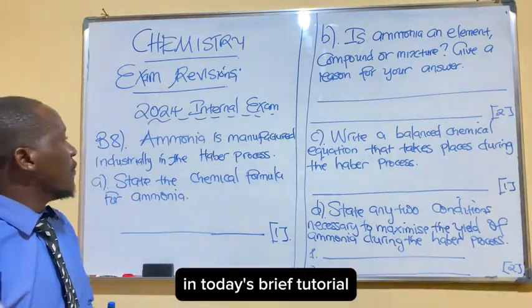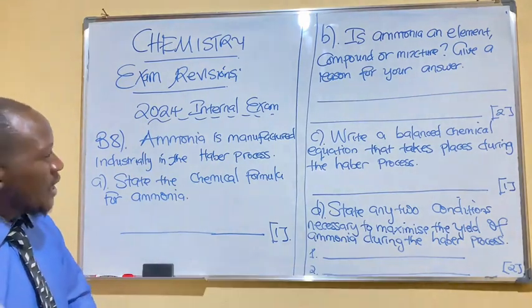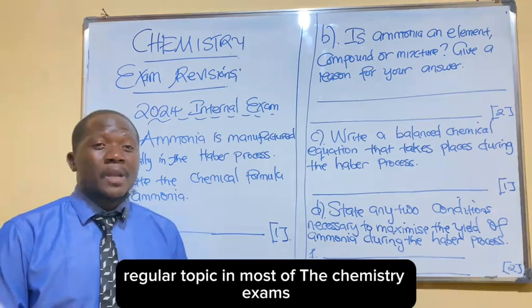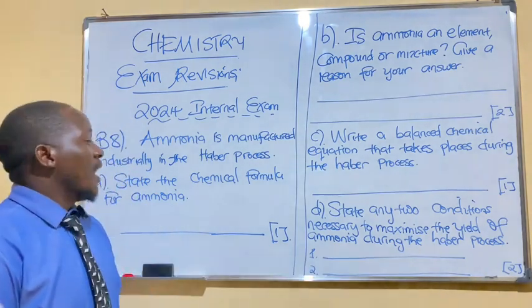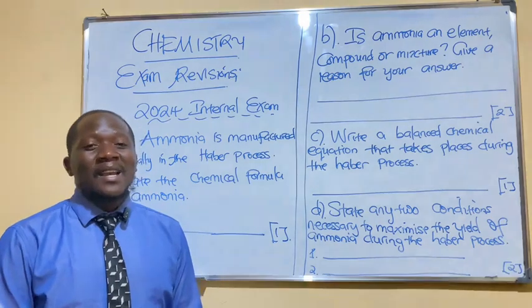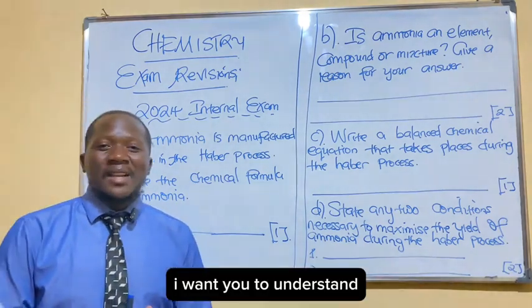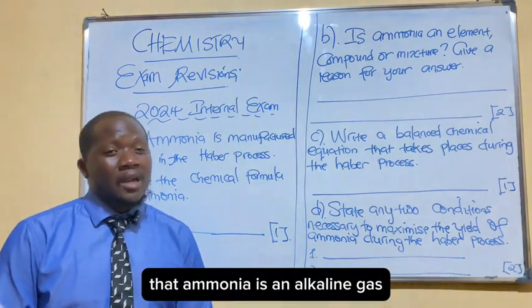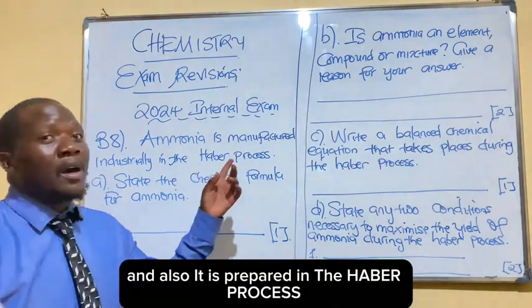In today's brief tutorial, we're going to place our focus on a very important regular topic in most of the chemistry exams, and this is where we're going to talk about preparation of gases. And the gas we'll be talking about is ammonia. I want you to understand that ammonia is an alkaline gas, and it is prepared in the Haber process.